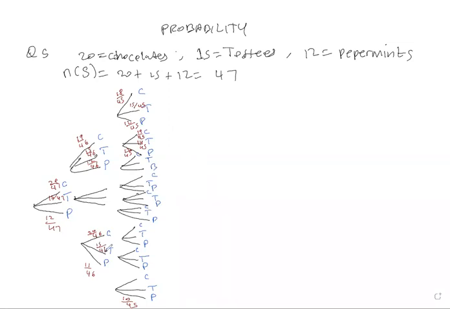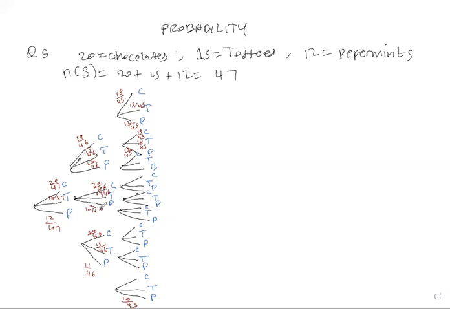Here, we've got 20 out of 46. Of course, this is C, this is T, this is P. Then we've got 14 out of 46. Here we've got 12 out of 46. So you can fill in everywhere else using the same pattern.